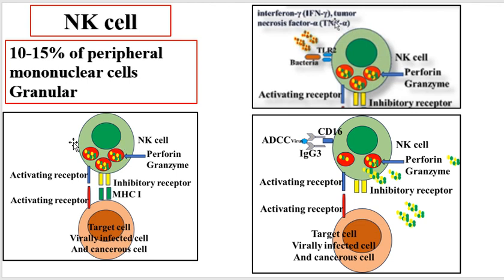As can be seen here, they have membrane-bound inhibitory receptors, and also these vesicles contain perforin and granzyme, and they play a crucial role in killing virally infected cells and cancerous cells by means of perforin and granzyme in a process known as apoptosis.